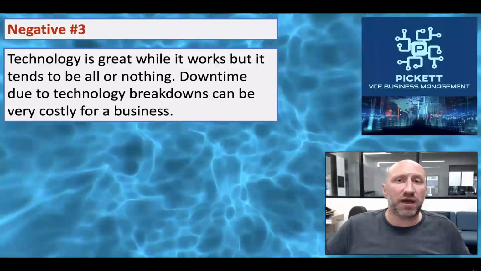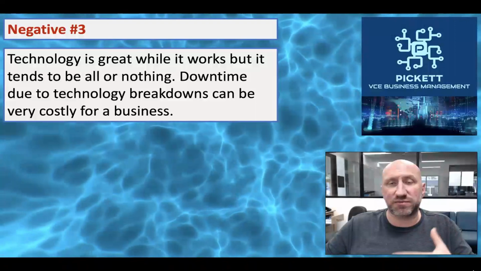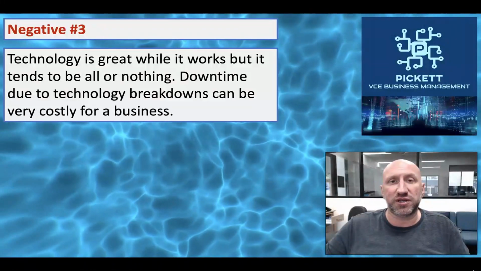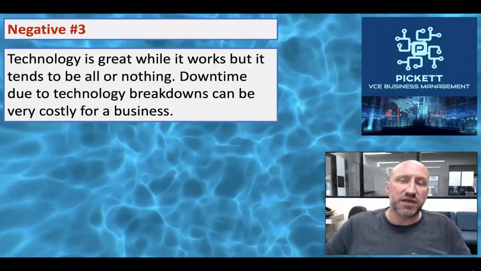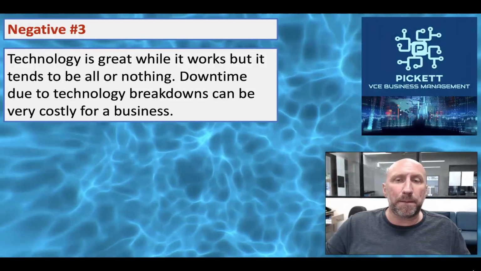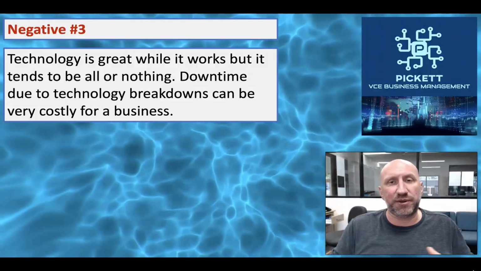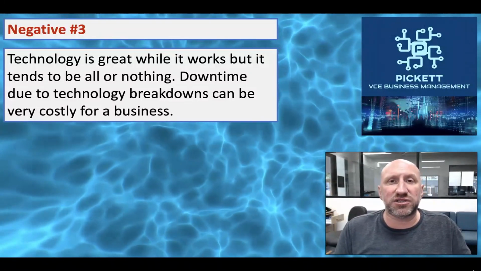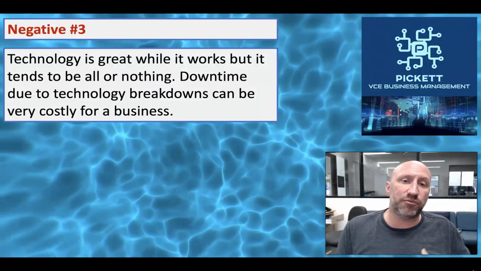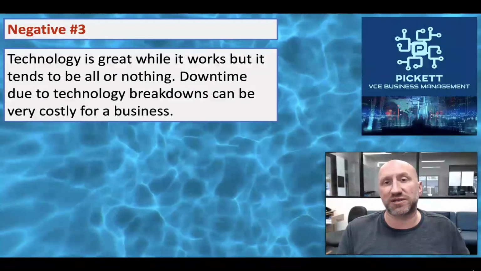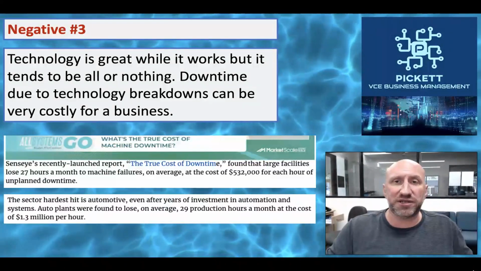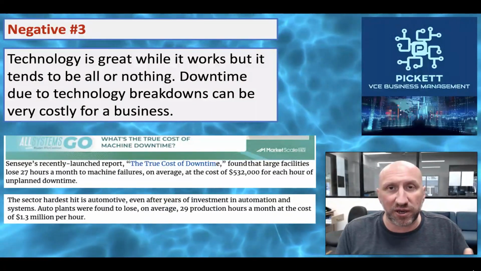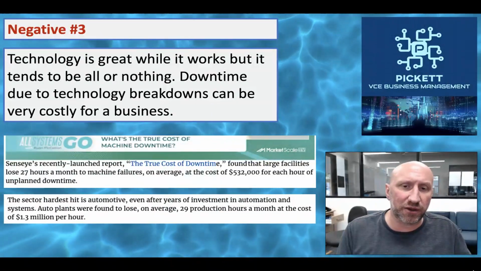Negative 3. Look, this is a biggie, and I've seen this play out in businesses I've worked in many, many times. Technology is great when it works, but it does tend to be a bit all or nothing. Downtime due to technology breakdowns can be really expensive for a business. Here's a little extract from an article from a couple of years ago.